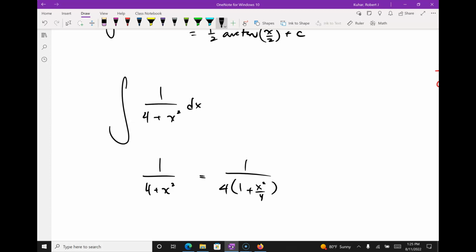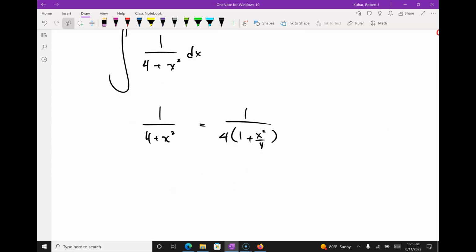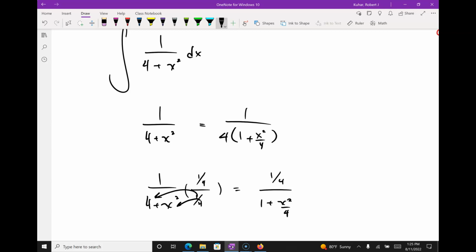So that's one way to do it. Exactly. So the other way I'm doing it, and this is just arithmetic, is I'm dividing by 1/4 over 1/4, right? So upstairs I just get a 1/4. Downstairs I get a 1 plus x squared over 4, right? I'm distributing those. So either way you want is fine.